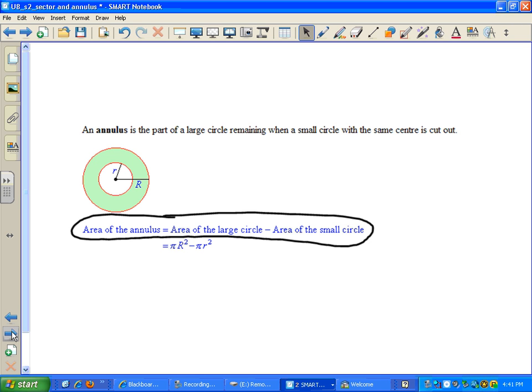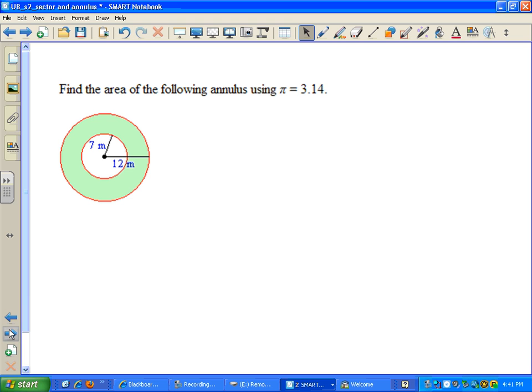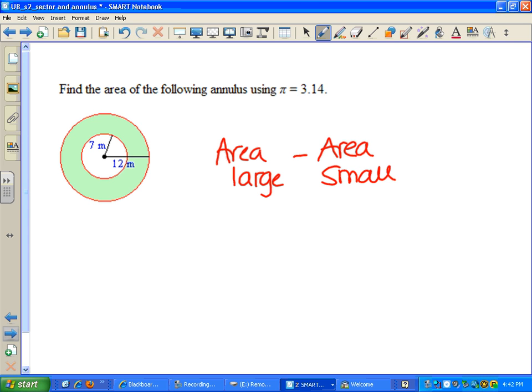Let's go ahead and take a look at an example. I want to find the area of the following annulus, and it says using 3.14. We're going to do it both ways. We're going to leave our answer in terms of pi, and then we'll simplify it out with 3.14. So our formula said area of the large minus the area of the small circle.